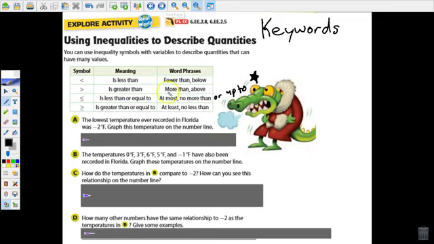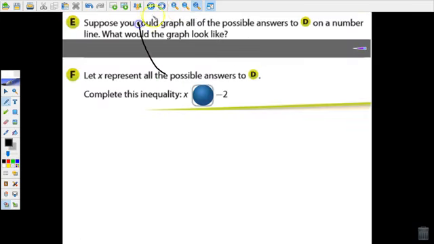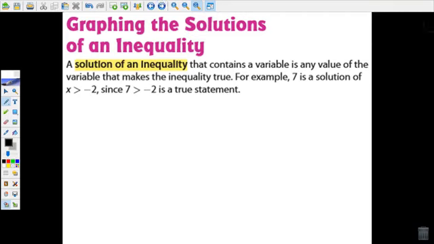Okay, moving on. Graphing the solutions of an inequality. A solution of an inequality that contains a variable is any value of the variable that makes the inequality true.